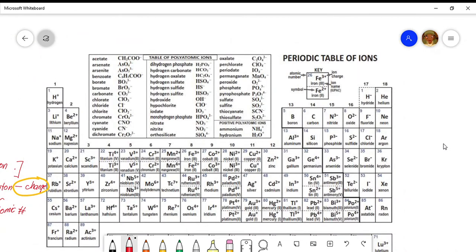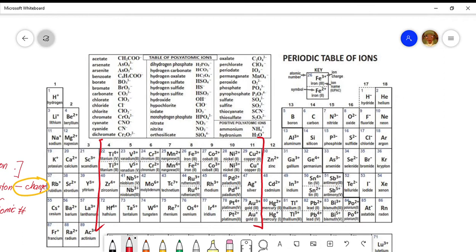The transition metals are around here, if you can see my cursor. And as I've said earlier, they can take more than one charge.